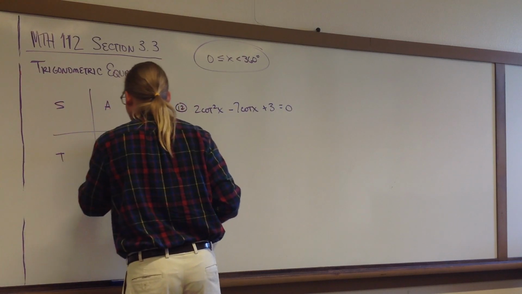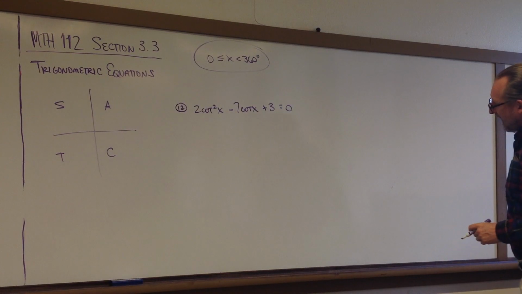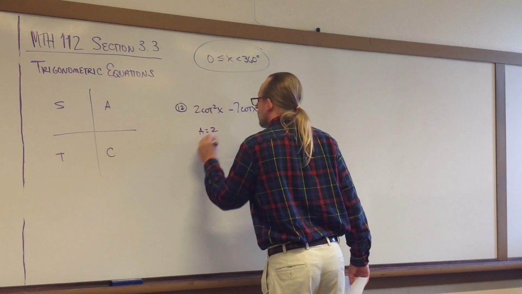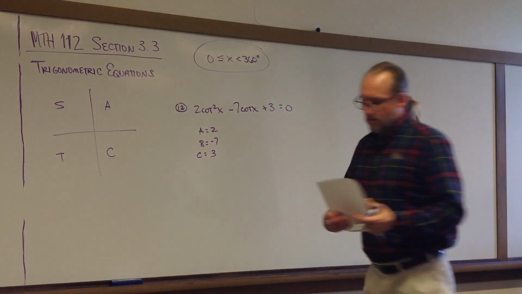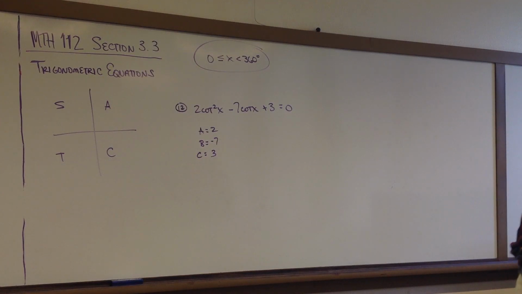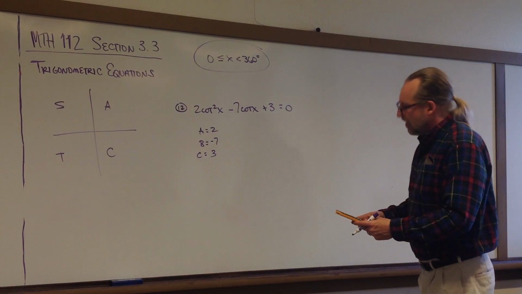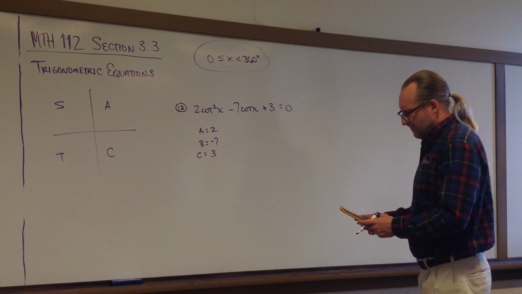Okay. So, this one, I guess this one is also factorable. I'm just going to use the quadratic formula for this. So, let's see what we get here. A is 2, B is -7, C is 3.